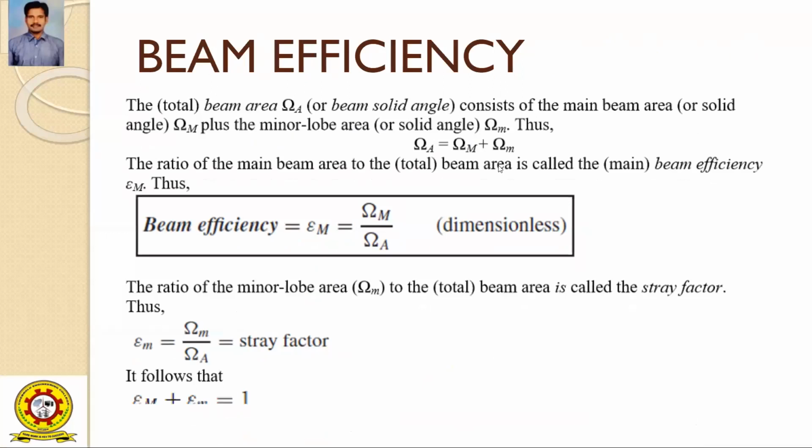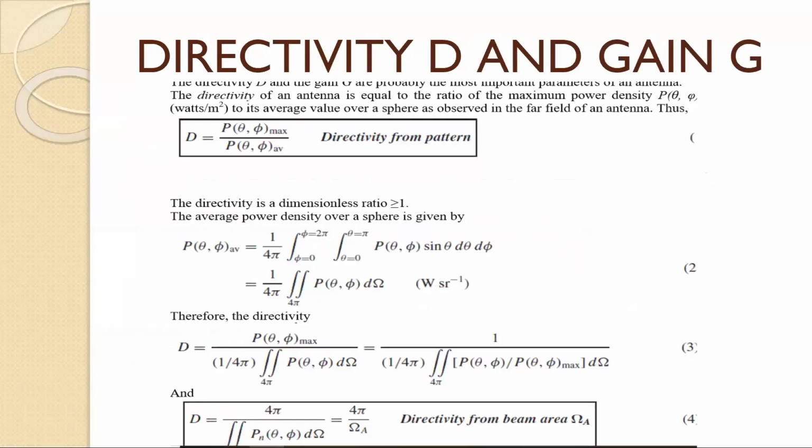So this slide, you are watching the beam efficiency slide. Now we are moving towards the next parameters, directivity and gain. Very important and popular definitions in the first unit.